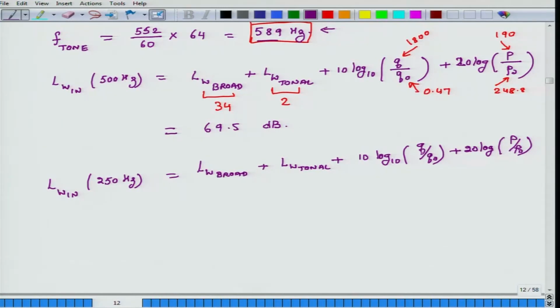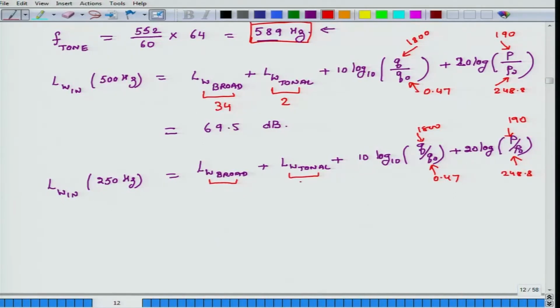Does Q change? Q does not change, it remains at 1800. Ditto for P, ditto for Q naught, ditto for P naught. These numbers don't change. What about broadband? This we have to see the table whether it is a different number or not. And what about tonal?